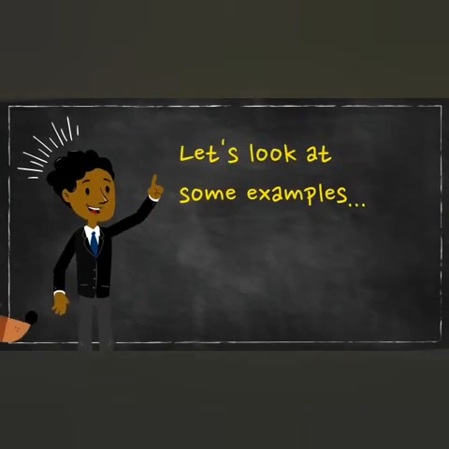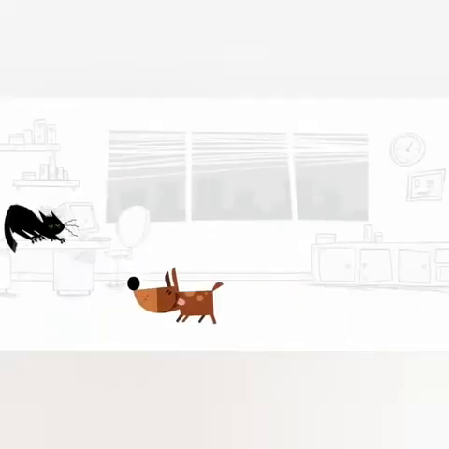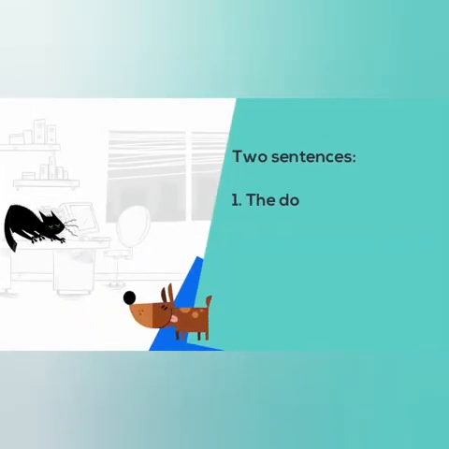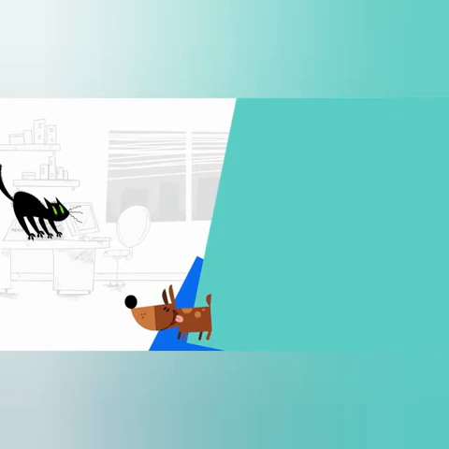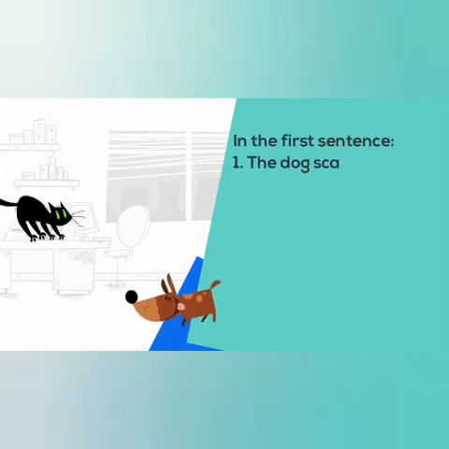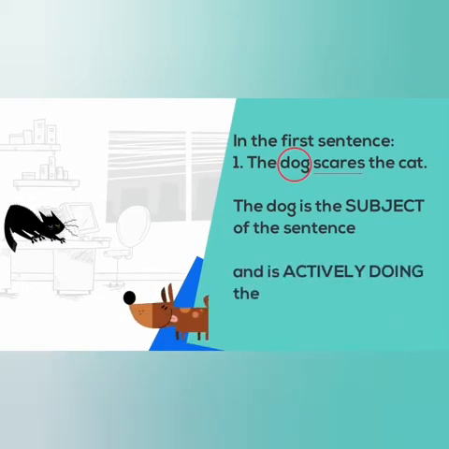Let's look at some examples. Two sentences. The dog scares the cat is scared by the dog. In the first sentence, The dog scares the cat, the dog is the subject of the sentence and is actively doing the verb's action.